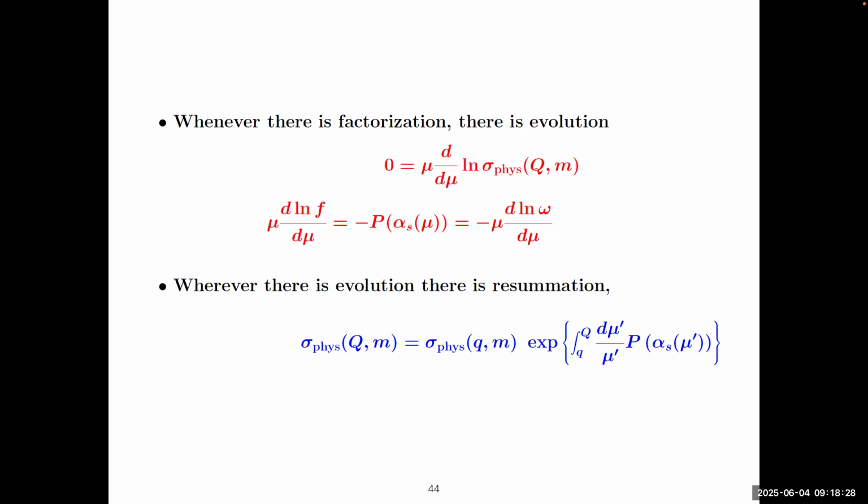So therefore, we have this nice equation here: mu d/d mu of the log of sigma physical is equal to 0. But sigma physical is a convolution of two functions which both depend upon mu. Therefore, their mu dependence must cancel.